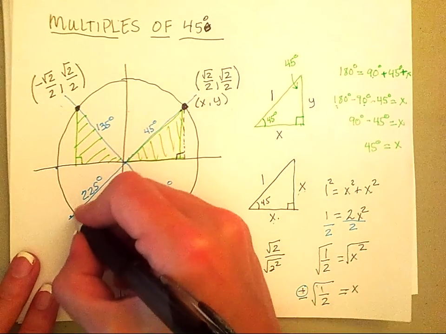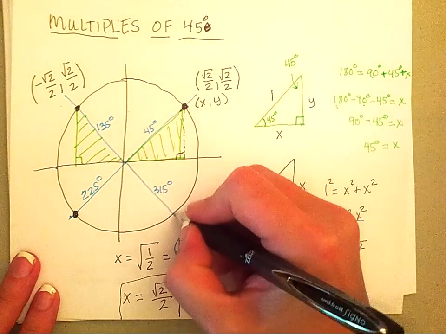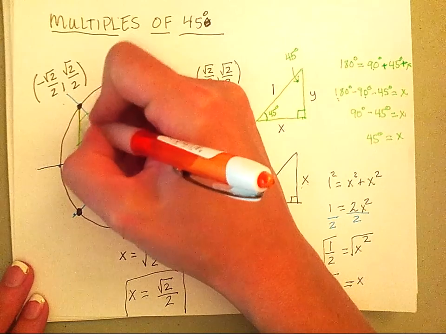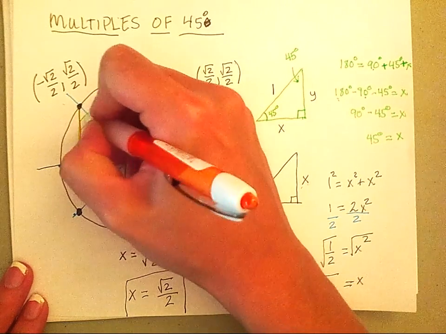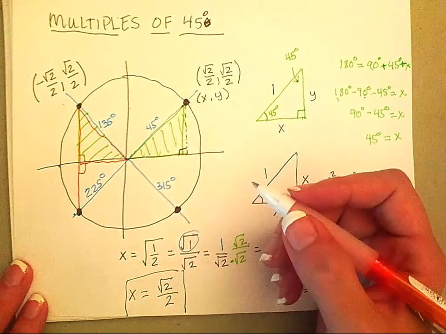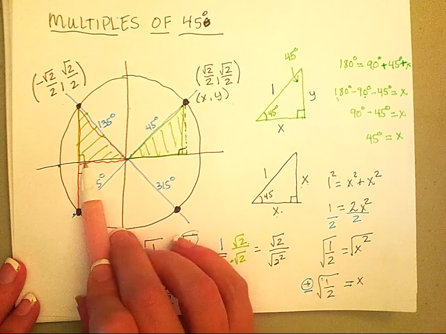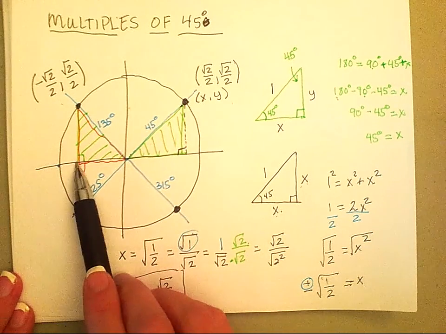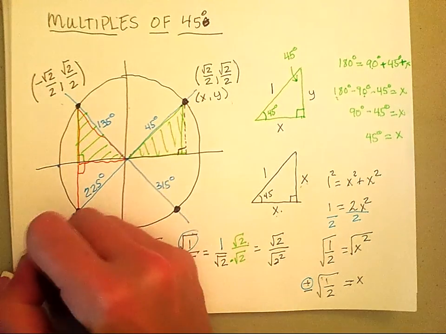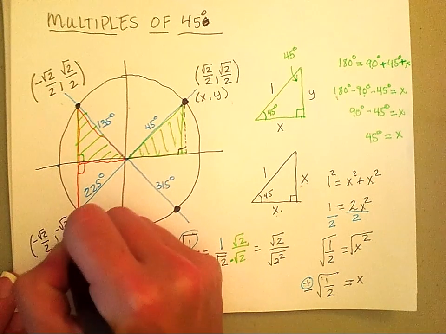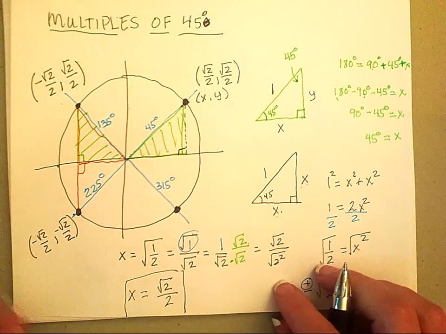And we can keep going like this to find these 2 points. I could take this triangle that we just found, and now flip it downwards, and the same thing would occur. The length of the sides of the triangles will stay the same. It's just now I've got negative in the x and in the y. So this is negative square root of 2 over 2, comma, negative square root of 2 over 2.